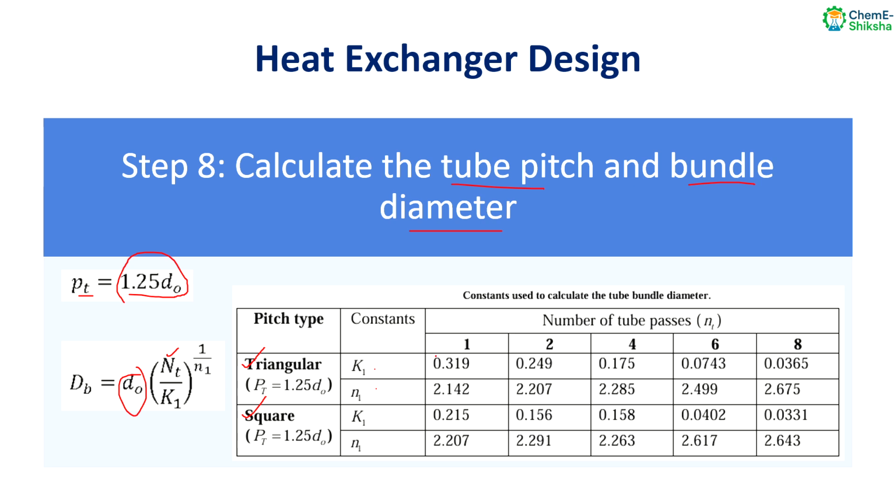Here Nt, the small nt, is the number of tube passes. So when this is 1, 2, 4, 6, 8, and the tube pitch is triangular or square, we can find out the values of the constants K1 and n1 from this table, and from there we can find out the tube bundle diameter Db using this equation, that Db equals D naught into (NT by K1) to the power 1 by n1.